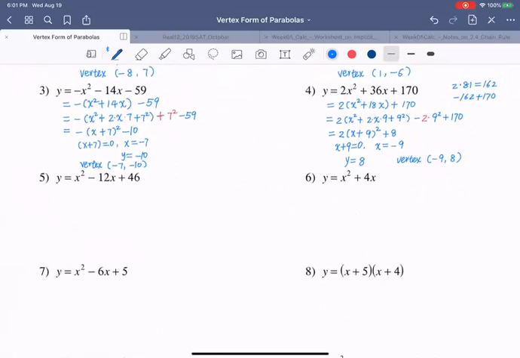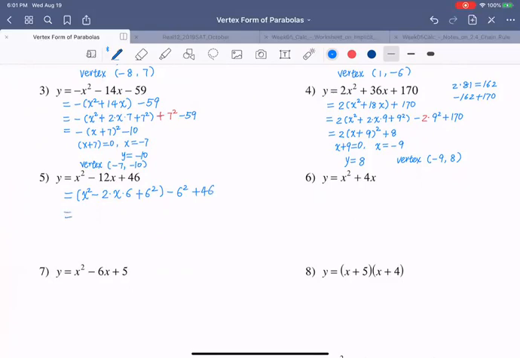So Valeria, let's do number 5. Y equals x squared minus 2 times x times 6 plus 6 squared, and then close parentheses, minus 6 squared plus 46.